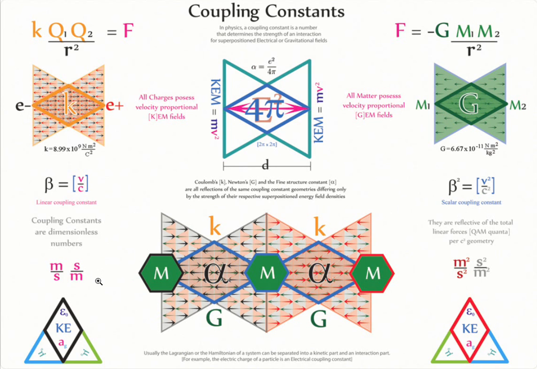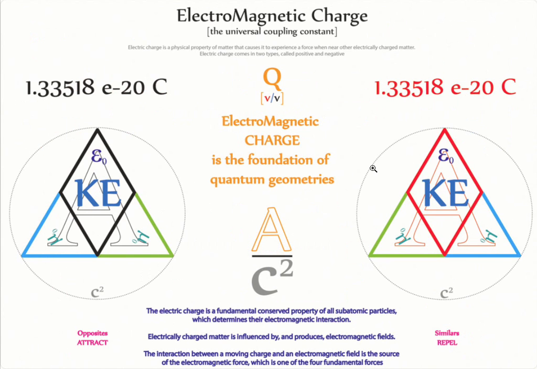And when you look at the linear coupling versus the scalar coupling, you see that they in fact cancel out. So thus explaining why alpha has been hidden in Planck's constant for so long. Again, alpha has been hidden through our determination of charge. Charge in QED has never been explained.